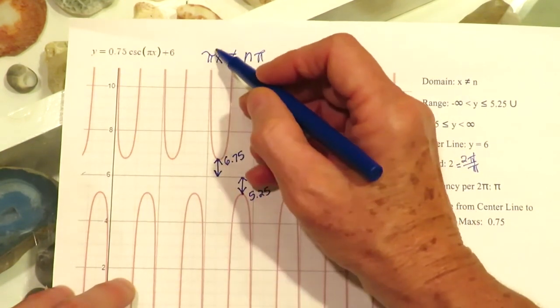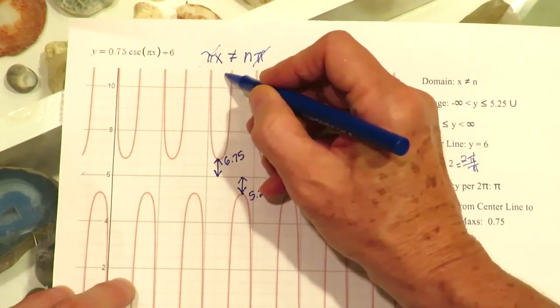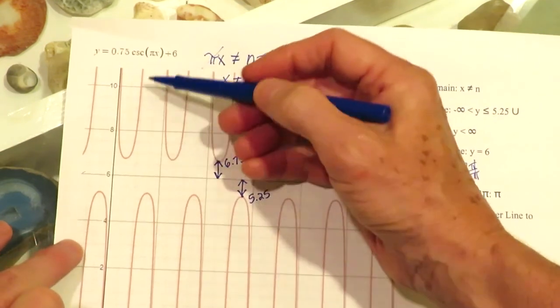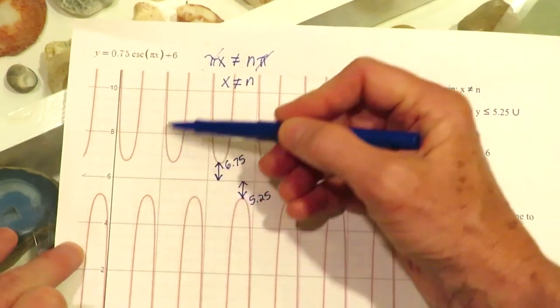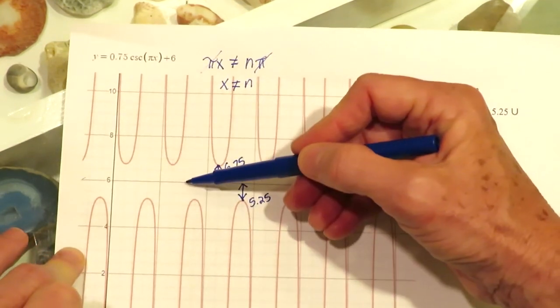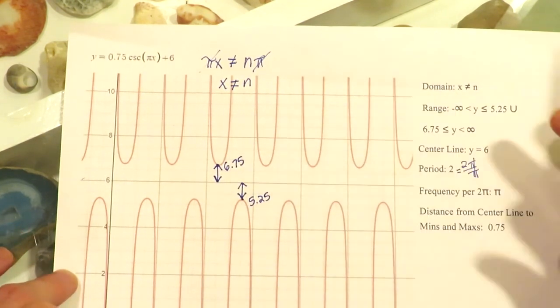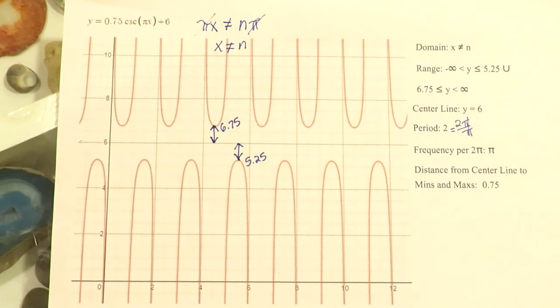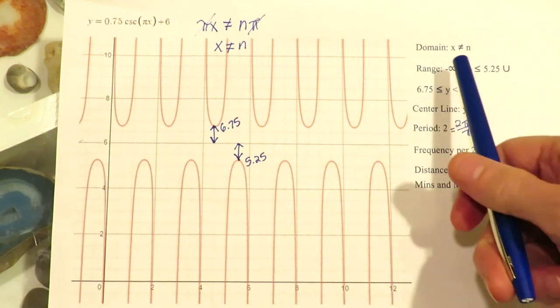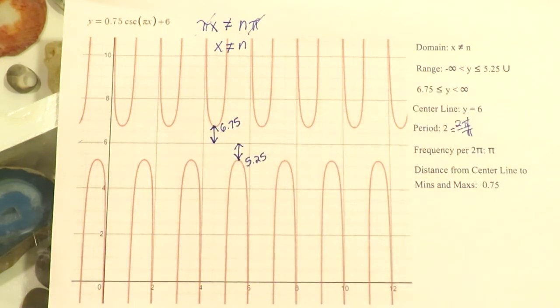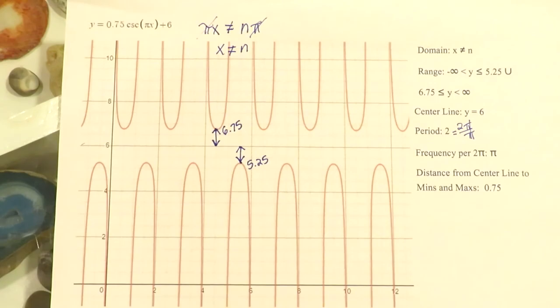So that means that x cannot be any integer. So we can see that's where our asymptotes are. I have an asymptote at 1, I have an asymptote at 2, I have an asymptote at 3, I have an asymptote at 4, I have an asymptote at 5, etc. So anyway, my domain is x cannot be any integer, and when you look at the graph, that's where you're seeing the asymptotes. Now we've talked about everything important in the graph.